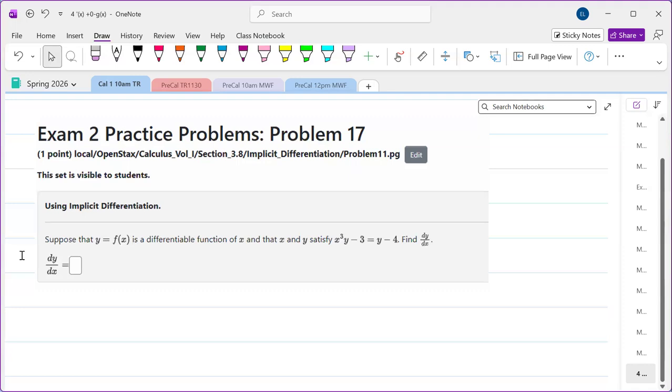Now on the test on the implicit, it is going to ask you to find the slope of the tangent line at a point and then write the equation of the tangent line. But for just practicing the implicit, like this works. And this is closer to what it would look like on the test. On the test, I'm not going to put those stupid coefficients that other problem had.